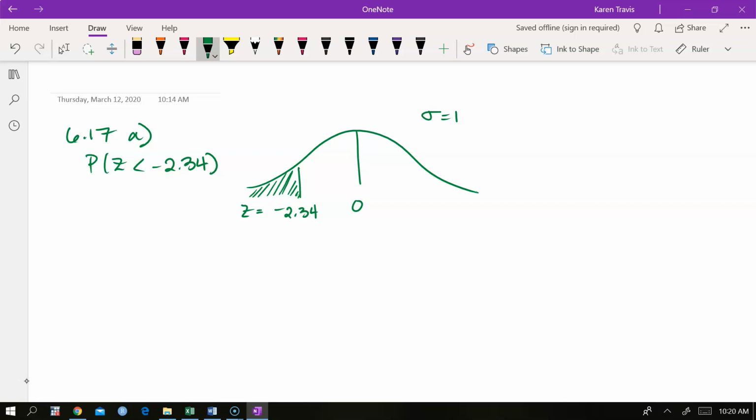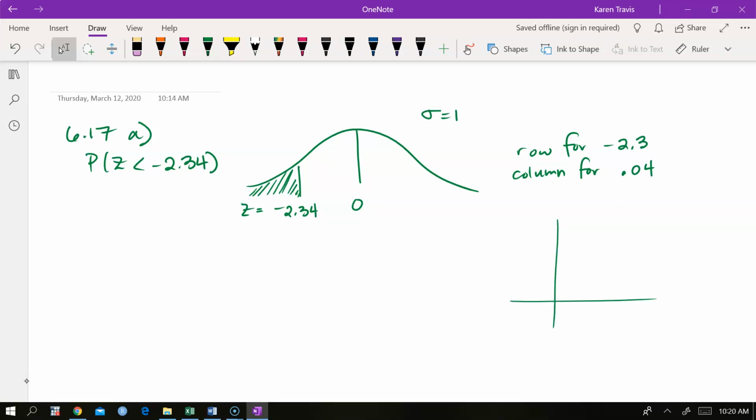Going to the table, when we look up z is negative 2.34, we look for the row for negative 2.3, and we look at the column for 0.04, and when we line those two up, we'll see that the area below there should be a 0.0096.